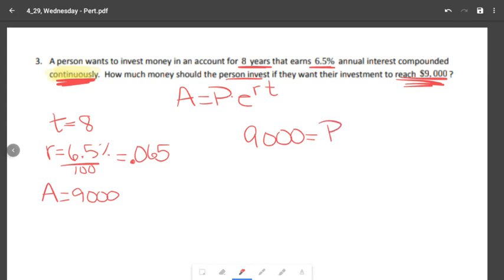So we've done these with all the other problems, so it's going to be similar. Filling in the information I have, P is multiplying with this E with its exponent. The E with the exponent, you are going to plug into your calculator.